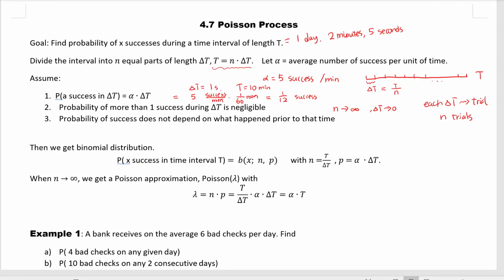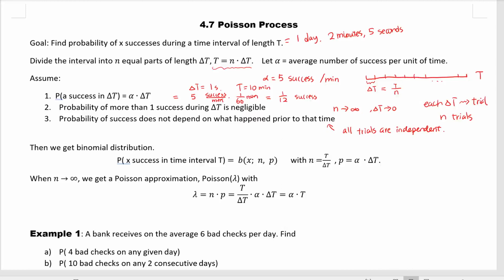Because when change of t gets smaller, we can assume there could be at most one success during the time change of t. And the probability of success does not depend on what happened prior to that time, which means all the trials are independent. Okay, then it satisfies the criteria of the binomial distribution.